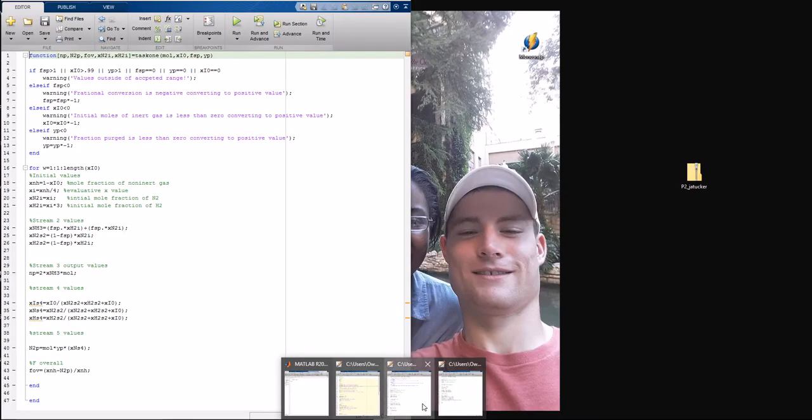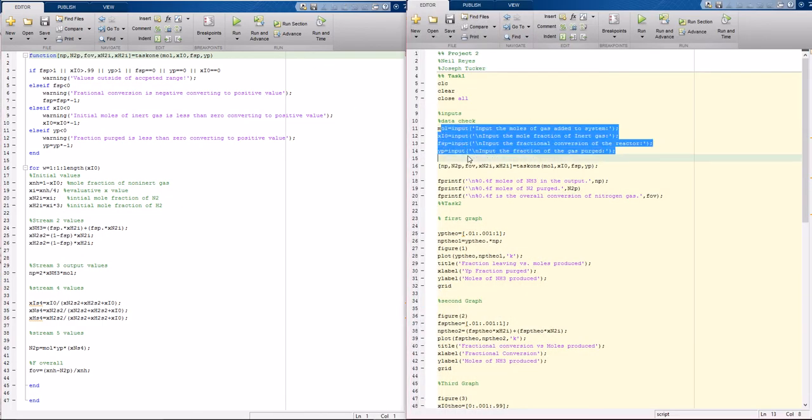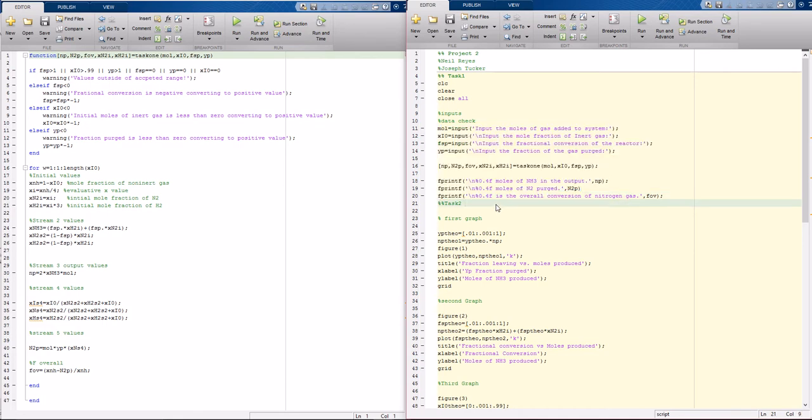Now, our function, after it receives all this input data, is going to take all this input data and send it through our function. What our function is going to do with this data is take our moles, our mole fraction of inert gas, our fractional conversion of the reactor, and the moles purged, and pass it through a data check.